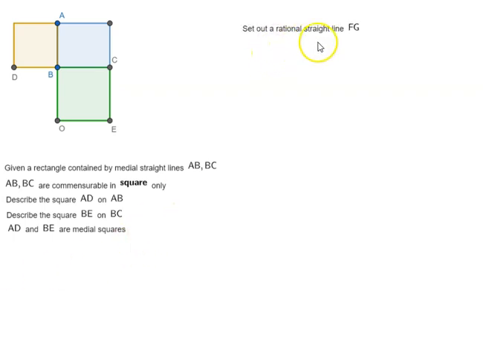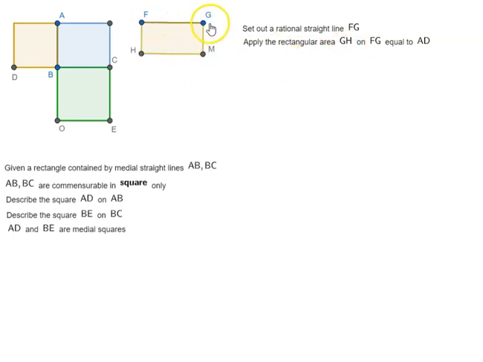Set out a rational straight line FG. Let's draw a line FG. Apply the rectangular area GH on FG equal to AD. Equal to the square, we have to draw a rectangle. So this is a rectangle GH on FG equal to AD.